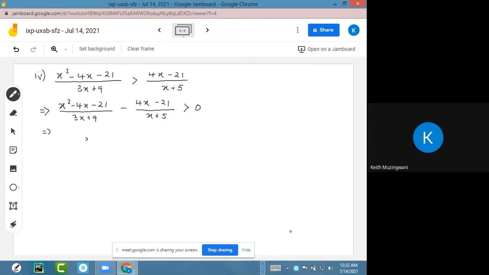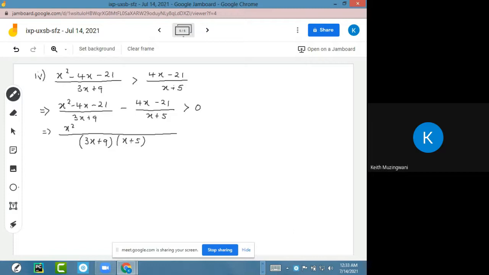And then get the common denominator, 3x plus 9, x plus 5. So divide that one here, we'll get x plus 5.